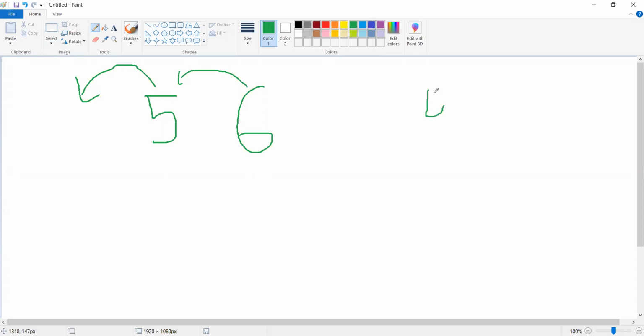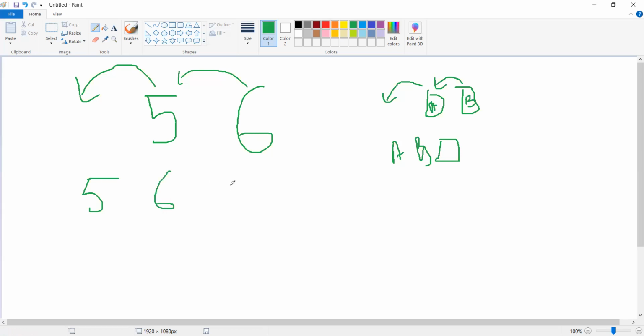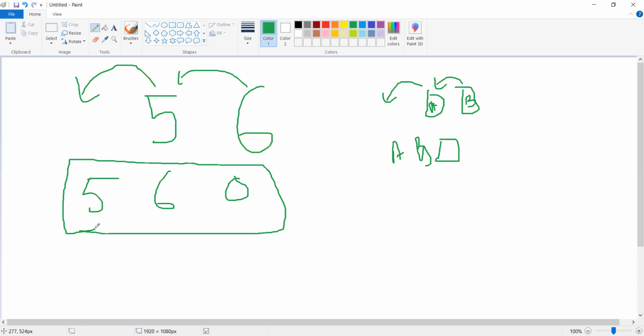If you have two chairs here, you are sitting here and your friend is sitting there, and they tell you to move, you come here, your friend moves here, and this is an empty chair. That means 5 will come to the 100th position, 6 will come to the 10th position, and an empty space is created here. So left shift will multiply the number by 10.